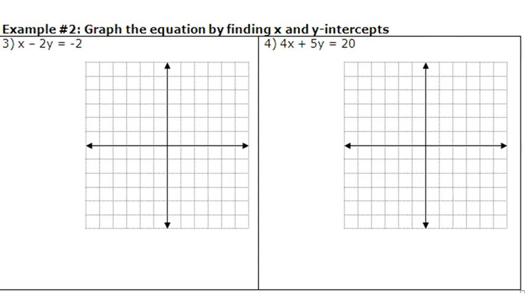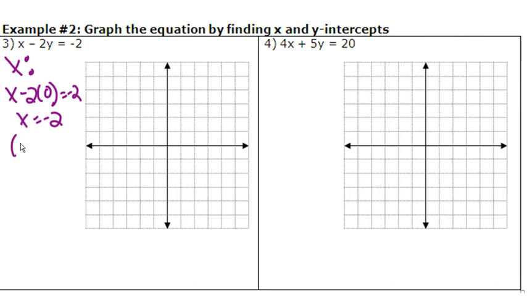So let's look at the next example. This says graph the equations by finding the x and y intercepts. So we're going to do the exact same thing we did before, but we're going to graph our answers. So for my x-intercept, I plug in 0 for y. So x minus 2 times 0 equals negative 2. 2 times 0 is 0, so I'm left with x equals negative 2.